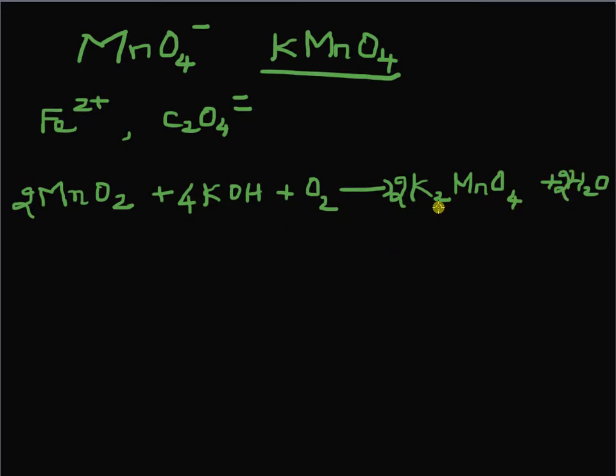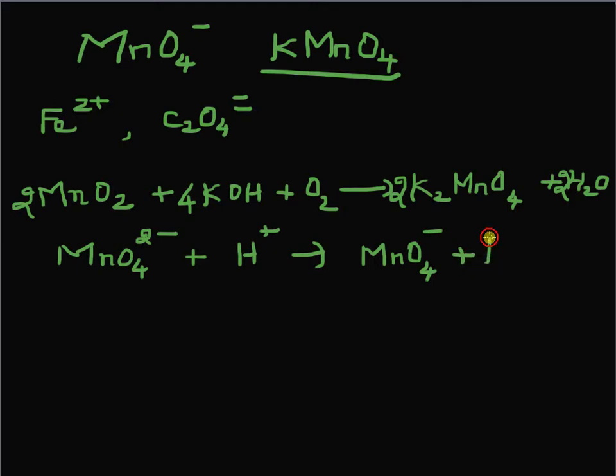We can get the permanganate from the manganate in two ways. One is by acidifying. The manganate solution is taken and it is acidified. It forms the permanganate ion MnO4 minus plus MnO2 plus water.